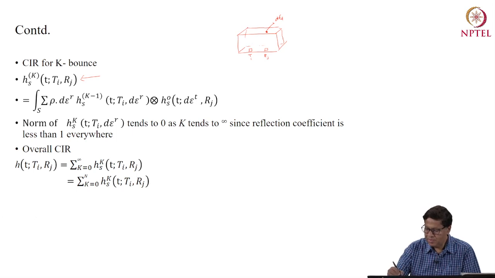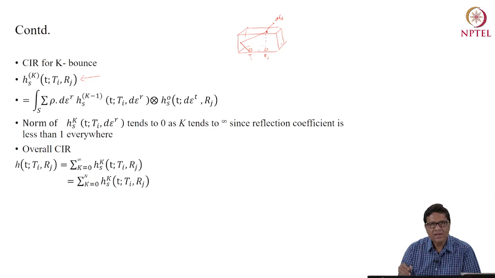See, the light from Ti strikes the wall, gets reflected, and reaches, say, here. Now this becomes a transmitter for this receiver. So light will fall onto this receiver. I have shown here only one reflection, but I'm trying to calculate the CIR for k bounces. So I have to calculate the channel response because of one reflection.